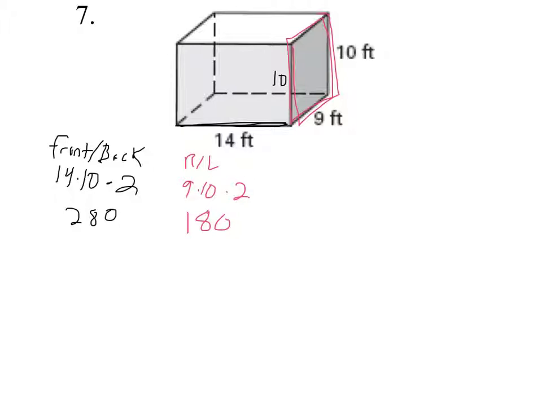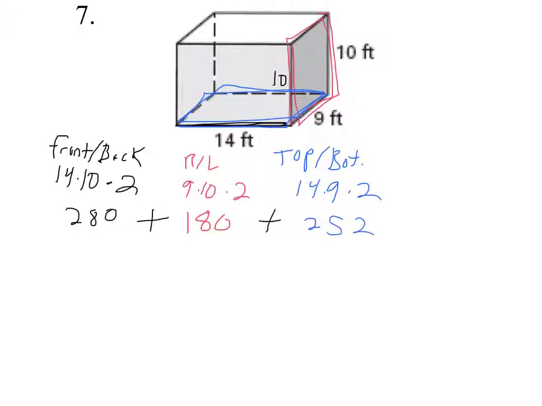And then lastly, the top and the bottom. If you look at the bottom here, you can see it is 14 by 9. So 14 times 9 times 2. That's not the only way that you can calculate it, but in my mind it's the easiest. So that's 252, and then we're just going to add all of those up.